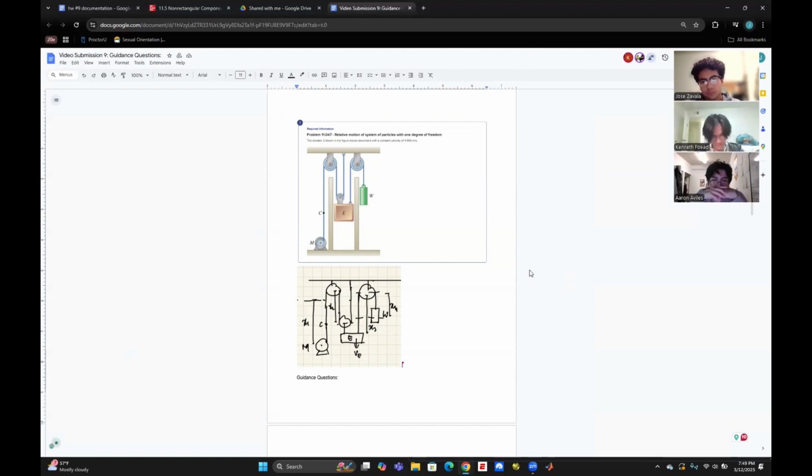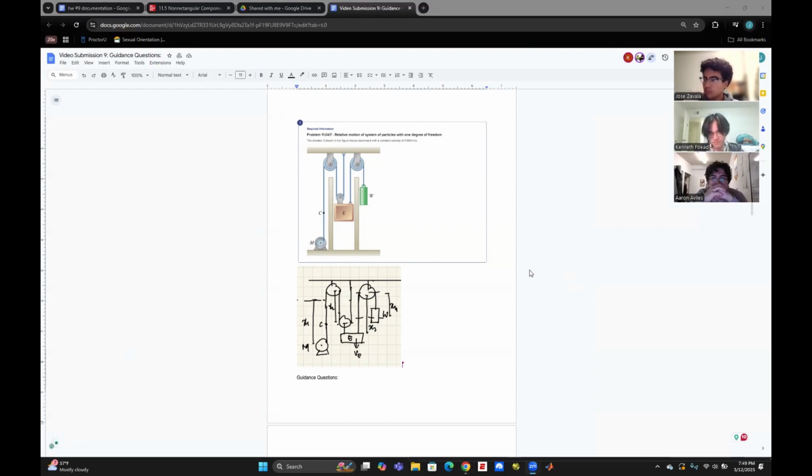For the first one, the first step is that we need to divide the diagram into something like this, where I make S1, S2, S3, S4, using the concept that the length of the rod is always the same, which is our constraint.